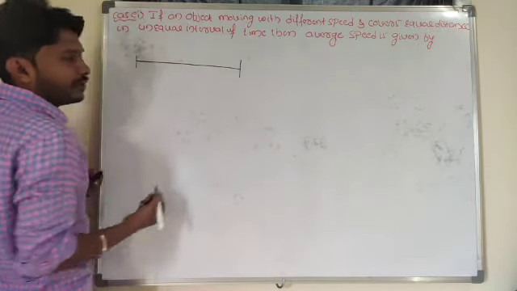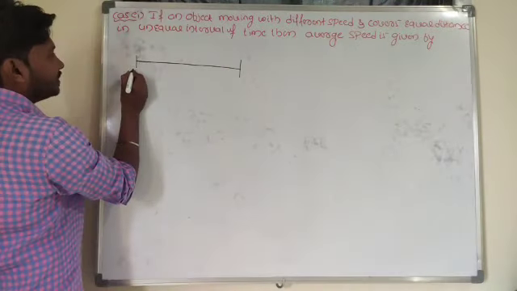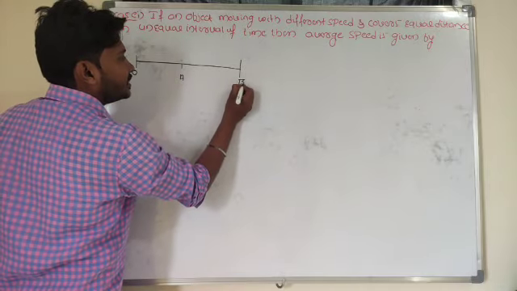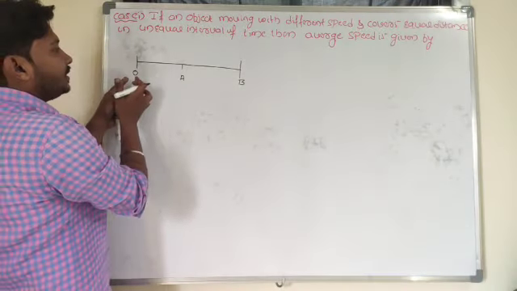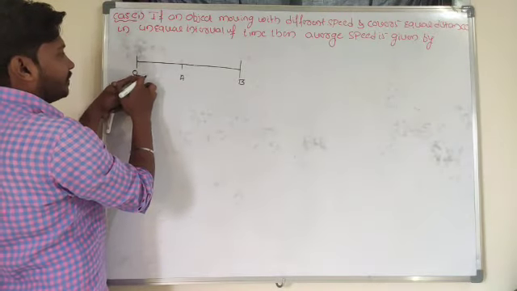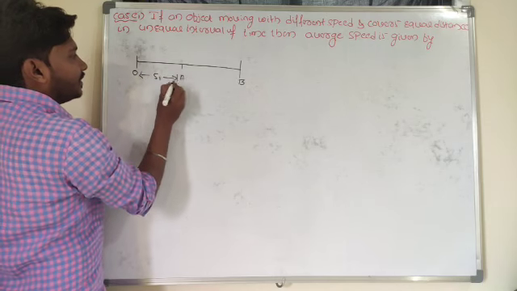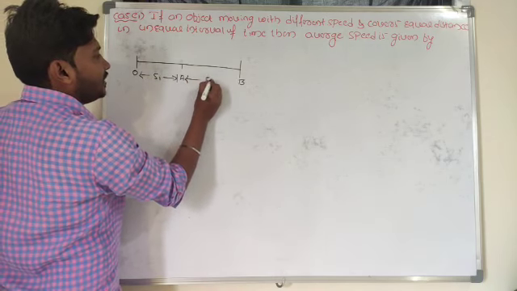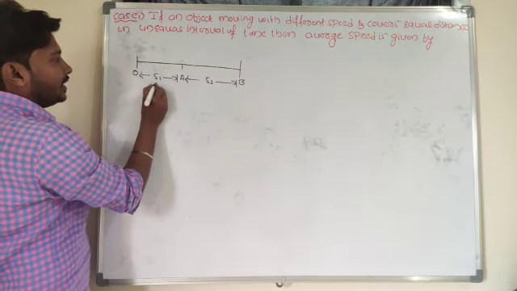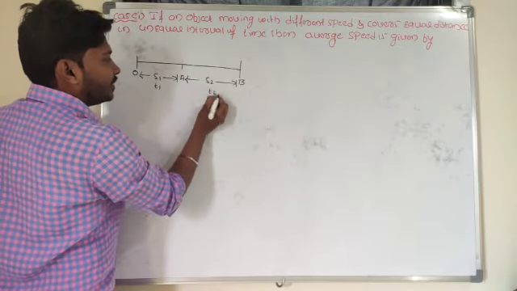If an object is moving with different speeds, this is point O, this is point A, the midpoint, and this is point B. The object is moving from O to B, and I will divide it into two paths. The first is O to A. The distance from O to A is s1, and the distance from A to B is s2. To move the distance O to A it takes time t1, and to move from A to B it takes time t2.